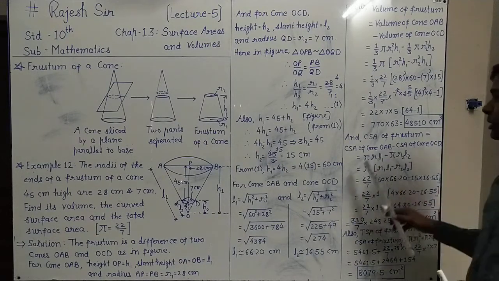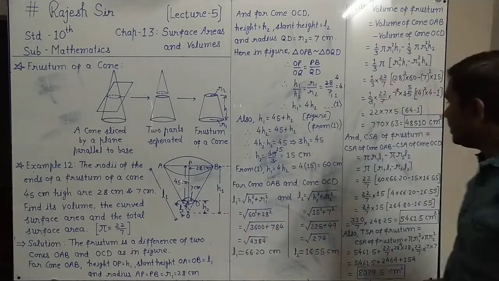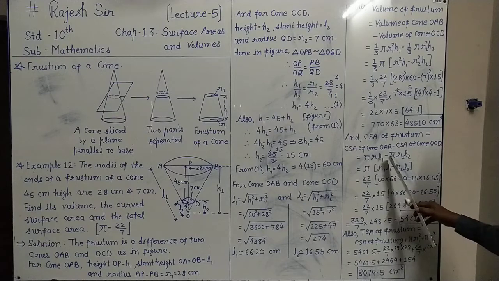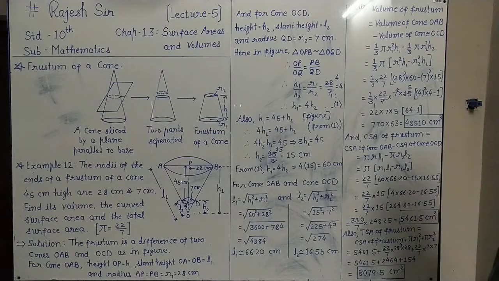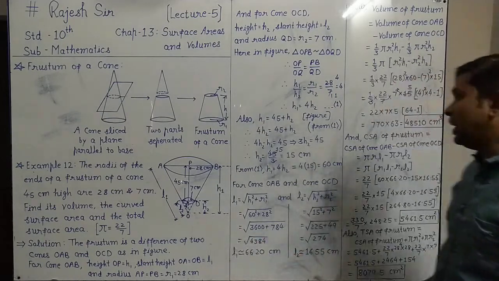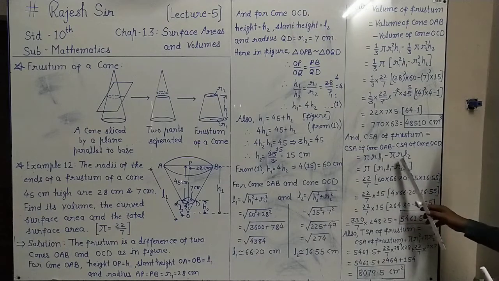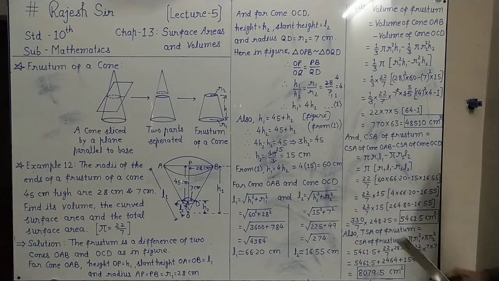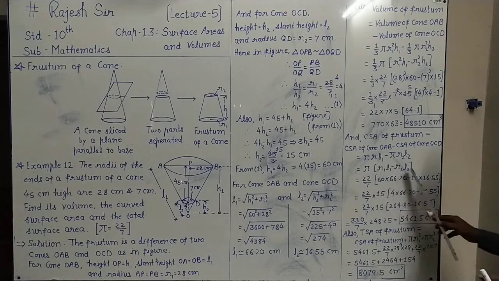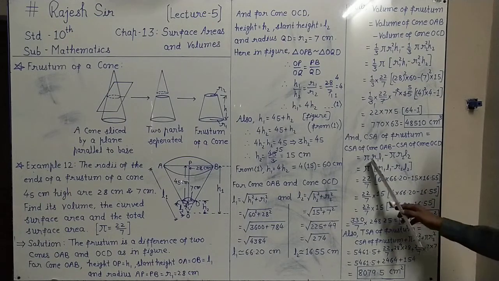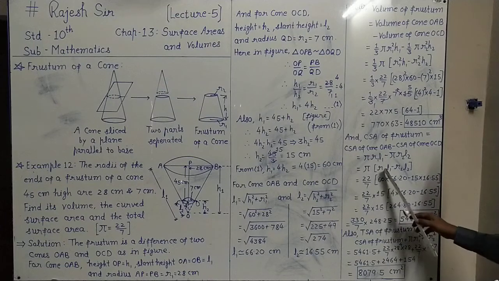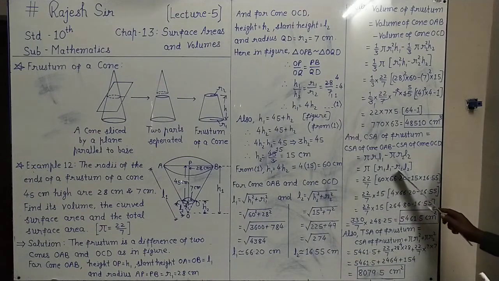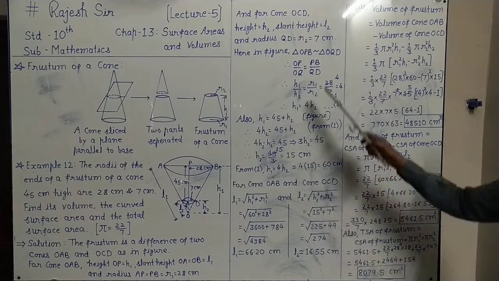For the big cone OAB, R is R1 and L is L1, so pi R1 L1, minus, for the smaller cone OCD, R is R2 and L is L2, so pi R2 L2. Again pi is common to both terms, so R1 L1 minus R2 L2 remains in the bracket. Pi is 22 upon 7. In the bracket, R1 is 60 into L1 which is 66.20, minus R2 is 50.